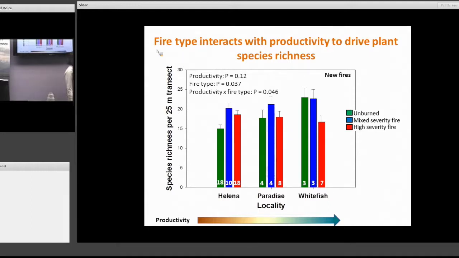We also see greater richness of plant species in mixed severity fires compared to the other two treatments. And there's this interesting productivity by fire type interaction where high severity fire has the most negative effect on species richness only in the most productive sites.